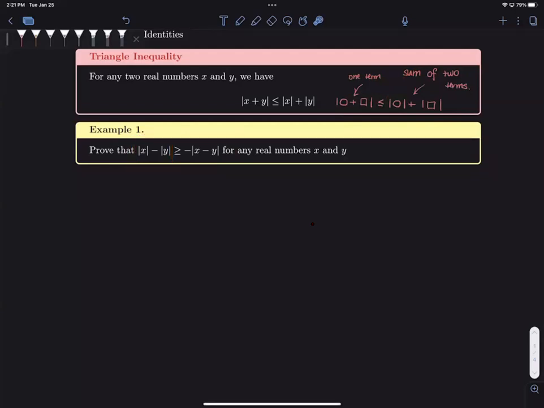So how would you rearrange this? This is just rough work or observation. How would you rearrange this so that it looks like my triangle inequality? Divide by -1, that's going to make this side still a difference of two terms though. So move it around, rearrange it, and see what you have.